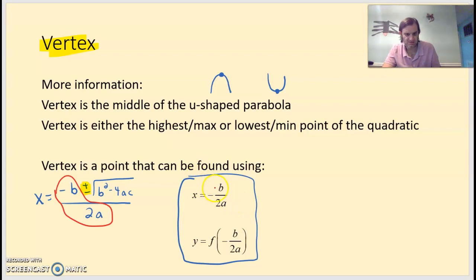So kind of use this formula as the standard. The x-coordinate of the vertex is negative b over 2a. Instead of always looking for two x-intercepts and the midpoint of them, because we're going to see some parabolas that don't have x-intercepts. And that could be because they're all above the x-axis or all below. Okay. So we're going to stop there, but keep that information handy.